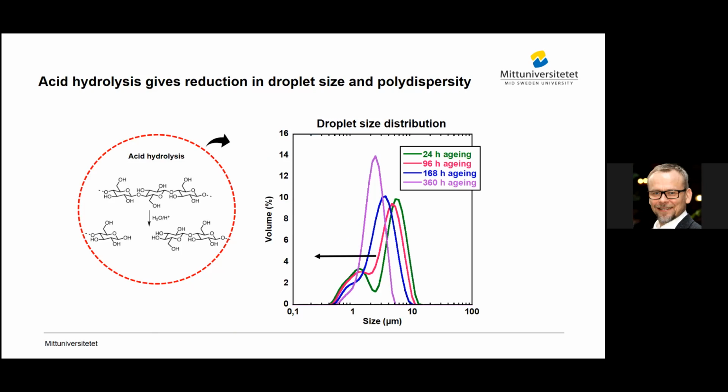So what happens when we do this acidic hydrolysis of the cellulose that we use for these emulsions is that you get smaller droplets also. You get smaller molecules and smaller droplets, and that makes sense since you have higher velocity of diffusion of these smaller ones.